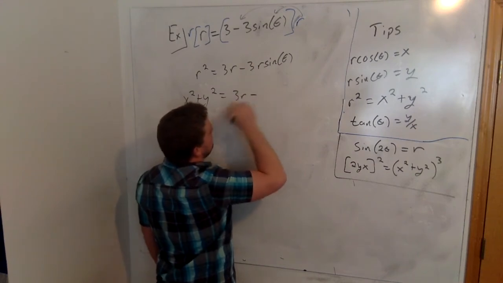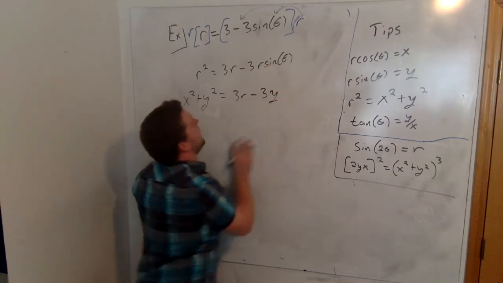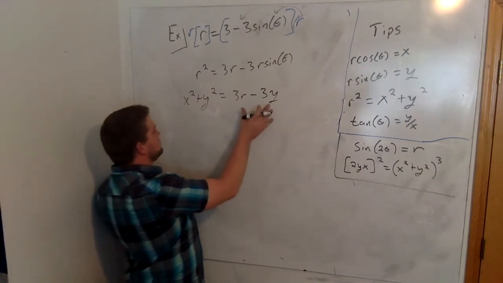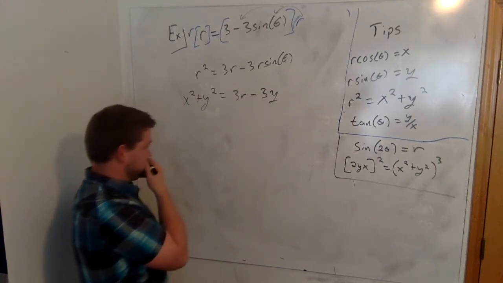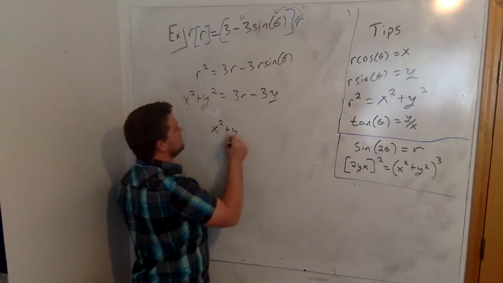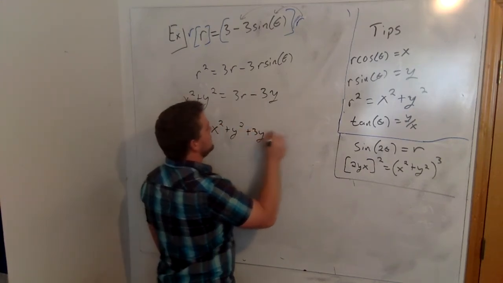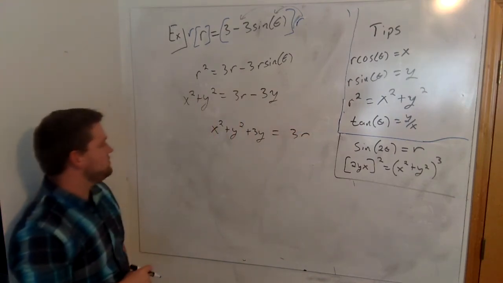This will be a minus 3y. So we still need to figure out how to deal with this r right here. Okay, so let's isolate it. So here we'll have x squared plus y squared. Let's add 3y to both sides. And this will be equal to 3r, so I just added 3y to both sides.